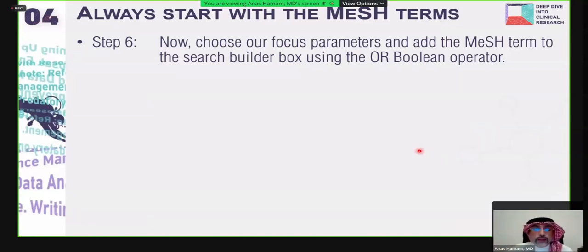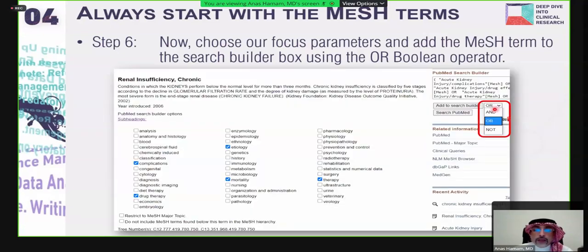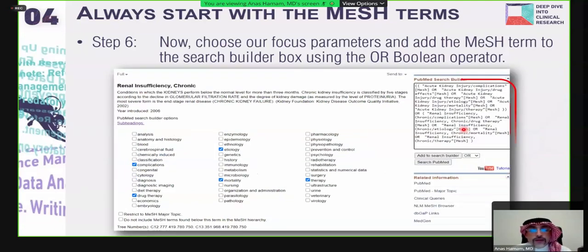So we need to use the OR Boolean operator. So I'm going to come here, press, I'm going to use OR. Again, which part of chronic kidney injury I want, complications, drug therapy, etiology, whatever it is. And once I press on OR and add it to the builder, I'm going to get everything together.